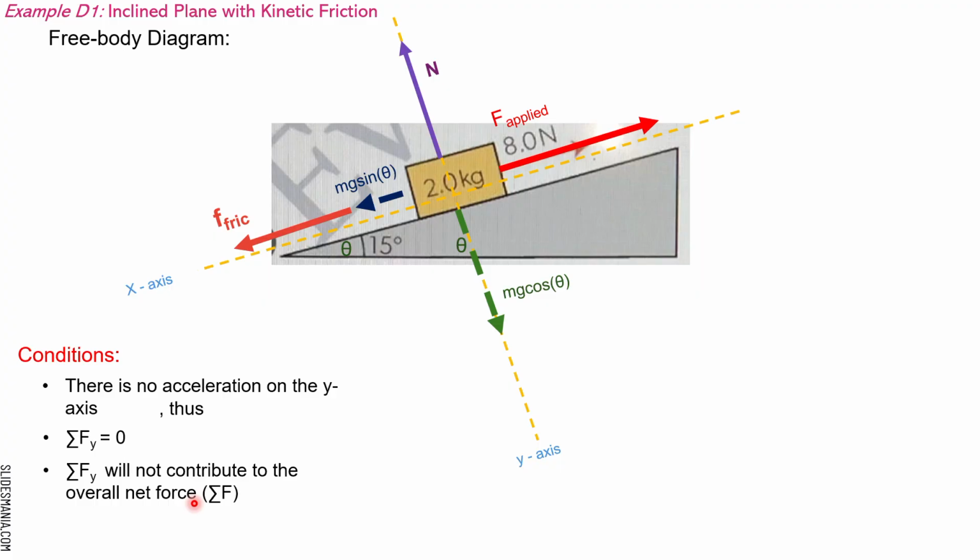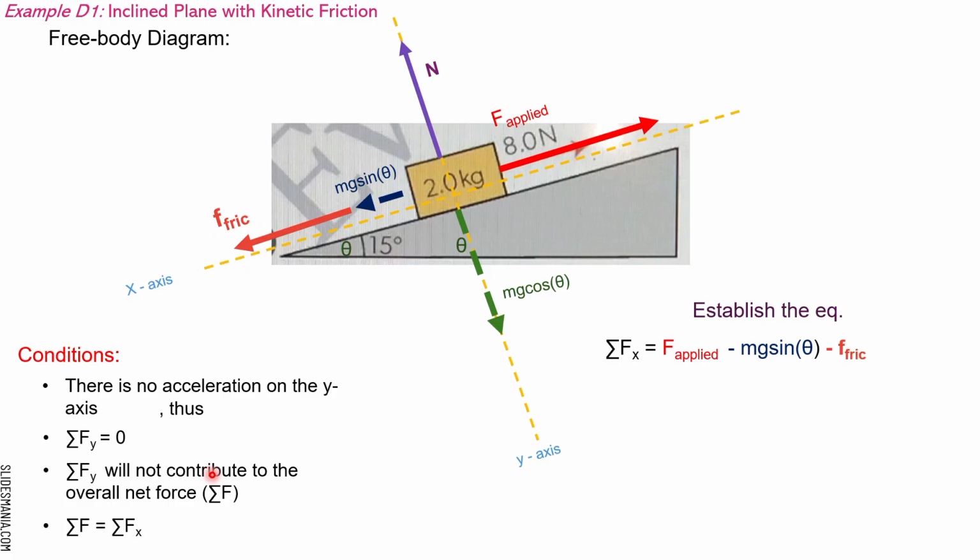But because Fy will not contribute to the overall net force, only the Fx will, we only need to consider the force in the x component. So we're going to see if this object is indeed going to accelerate. It's going to accelerate if the summation of Fx is not zero, okay?